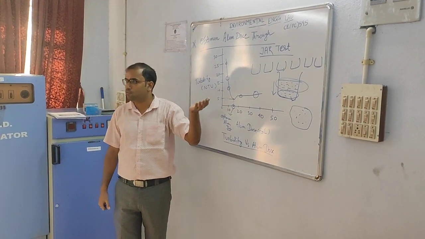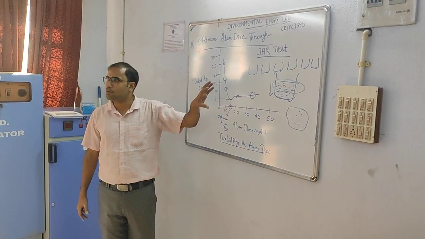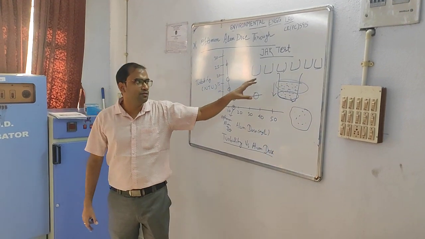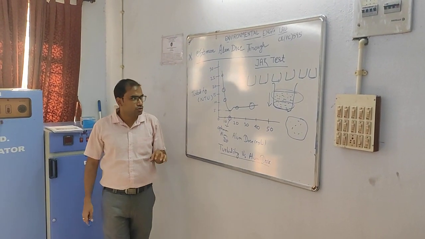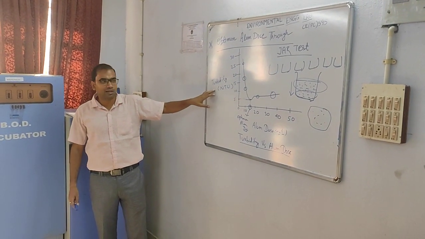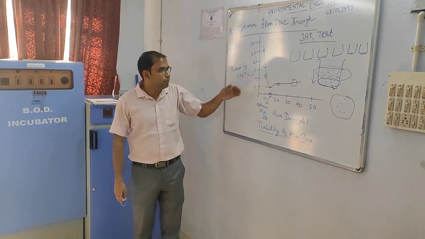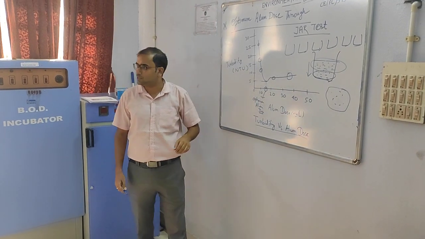But practically, on the field, a certain water sample is there. You have to check that water sample, and for that water sample, you directly put it in the different jars and put different alum dosages. Here also there is another process: you have to measure the turbidity, because there is a correlation between turbidity and alum dose. So you plot the turbidity values against the different alum dosages.